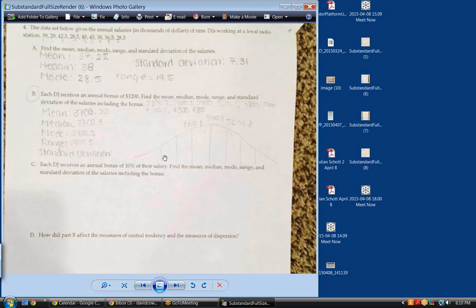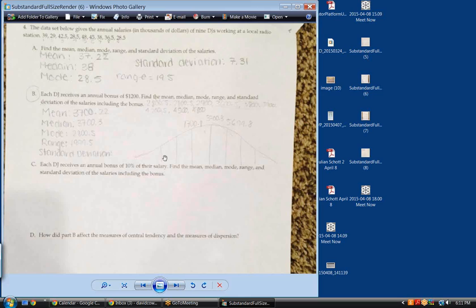Now, those are in thousands of dollars. In other words, the 39 means he makes $39,000. So you add 1,200 to that. And then you just add 1,200 to each of those numbers. They're each in thousands. And redo part A.